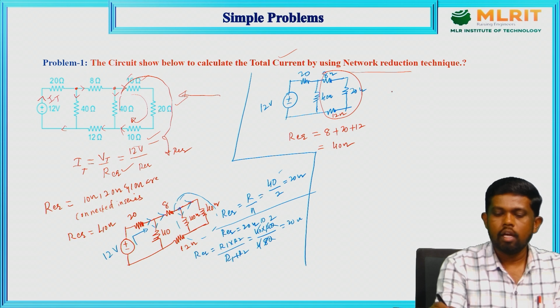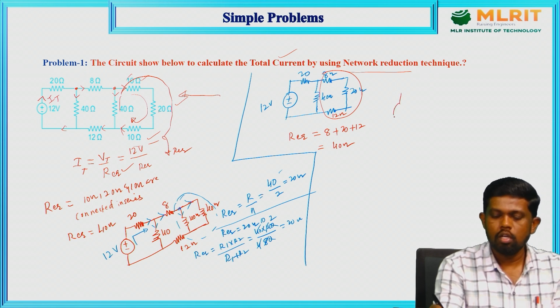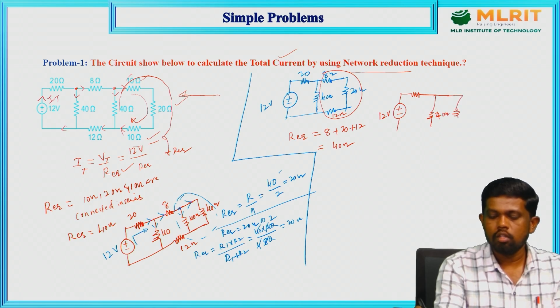So the entire network should be like this: 12 volts, this is the 20 and this 40 left as it is, and instead of the three we can directly draw this 40.